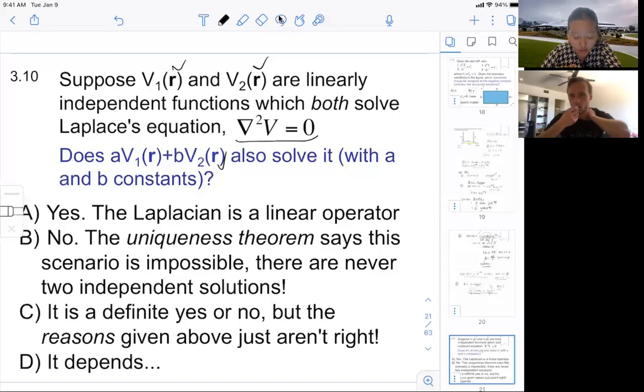If all of those are satisfied, then that must be the one unique physical solution. Here, all it's telling us is that these two functions satisfy the Laplace equation. We don't know if they satisfy the boundary conditions, so that doesn't really limit us to one unique solution.